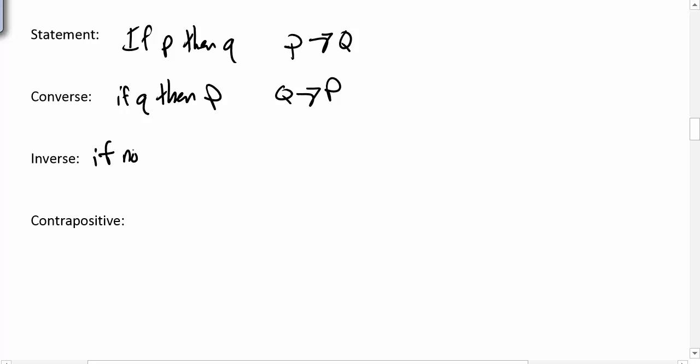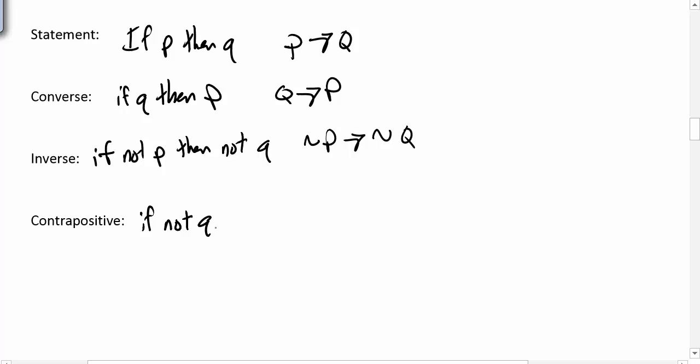So if not P, then not Q. So not P implies not Q. And our contrapositive is when we negate the converse. So if not Q, then not P. So negate the Q and negate the P.